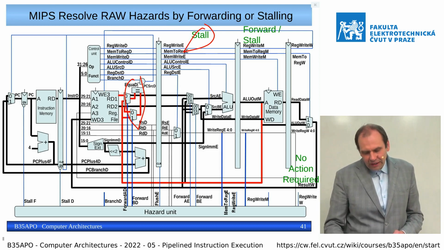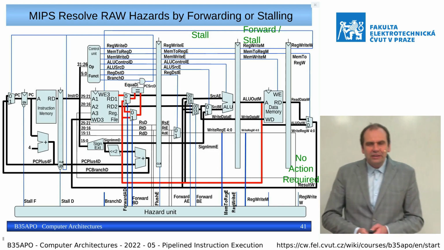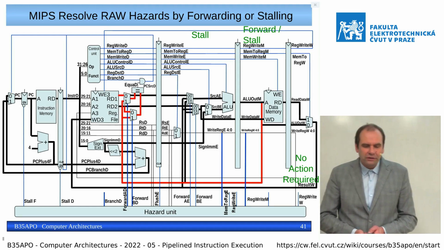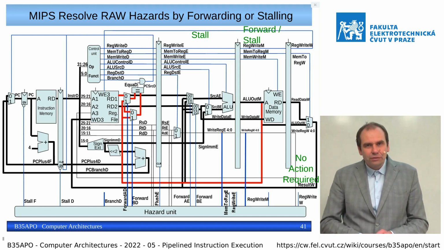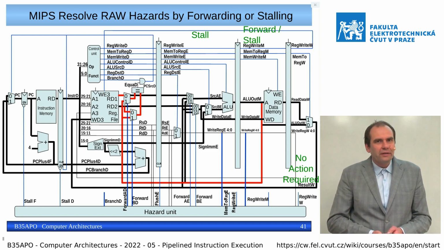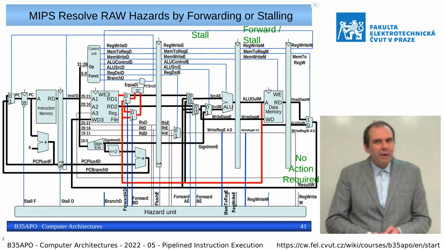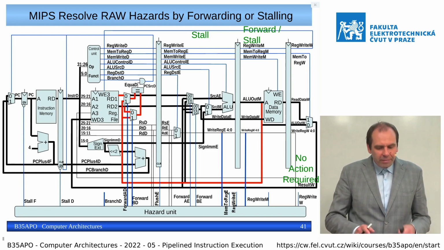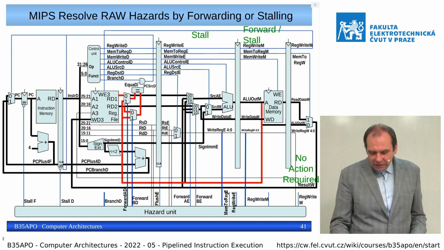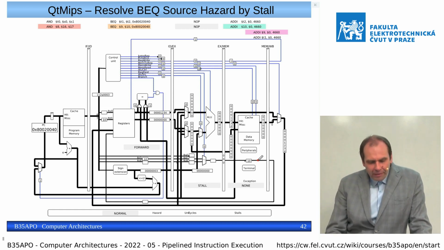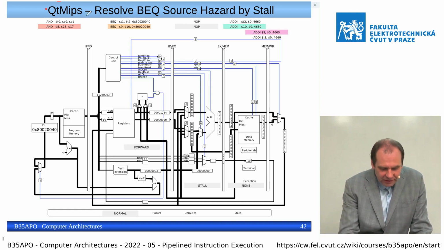In fact, it is much easier if the processor can do stalls, even if it is not so efficient. Today processors usually resolve all hazards in the hardware, but compilers try to schedule the operations such that stalls inside the hardware are not necessary. Okay, there is an example from our previous Qt MIPS simulator.